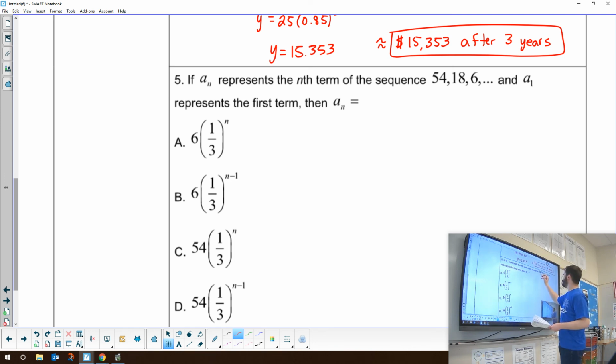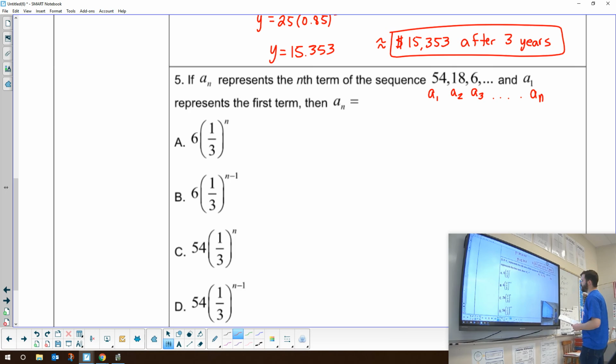So my first one, we're going to say a to the 1. My second one is going to be a to the 2. And my third one is going to be a to the 3 here. What we're trying to figure out is how to find a to any number. So we've got to figure out a pattern. If we look here, we can tell this is an exponential.